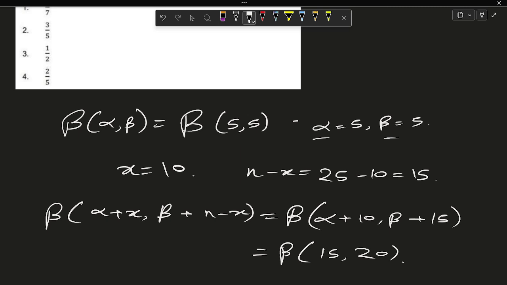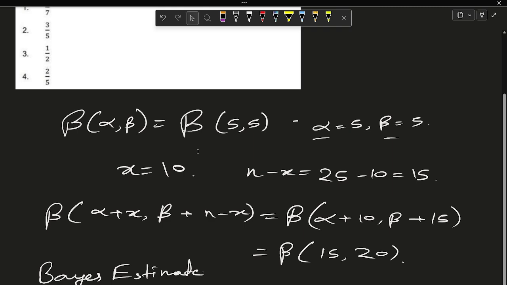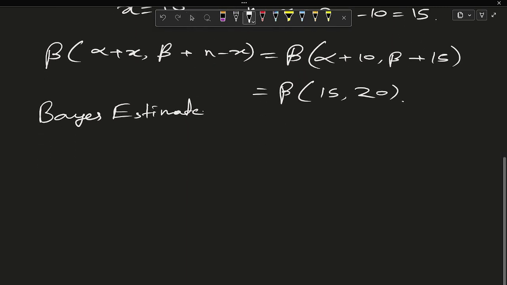Now we have to calculate the Bayes estimate. Under the squared error loss function, the Bayes estimate is the mean of the posterior distribution.